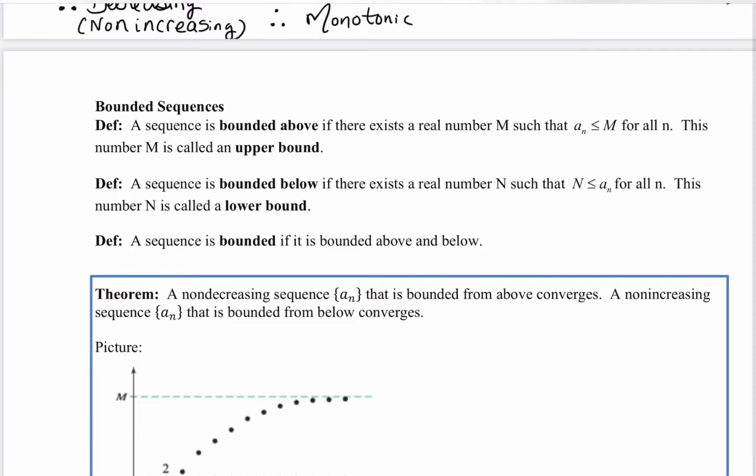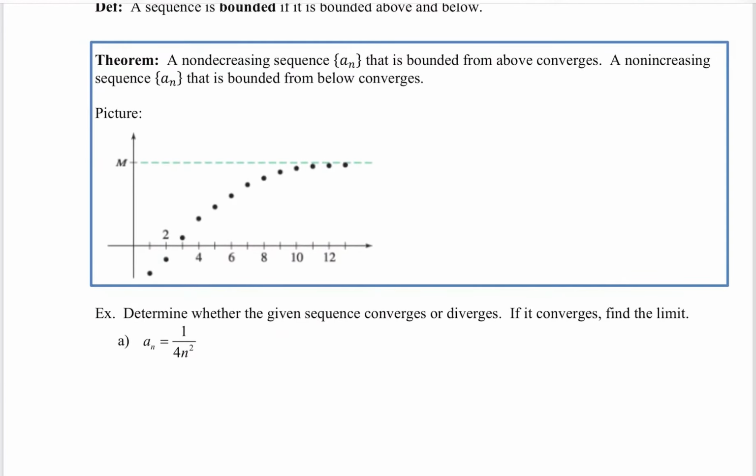If you are non-decreasing, so increasing with equality, let's just think of it as increasing, and bounded from above, then I know it converges. In reverse, if I'm non-increasing, let's just say decreasing, and bounded below, then I can conclude that it converges. That may come in handy for those situations where we can't easily evaluate the limit as n goes to infinity. So let's see what we can do with some examples wrapping up, and we'll use those facts if we need to.